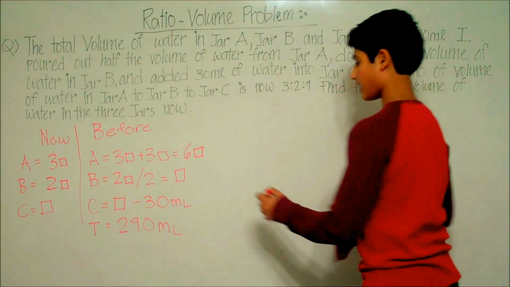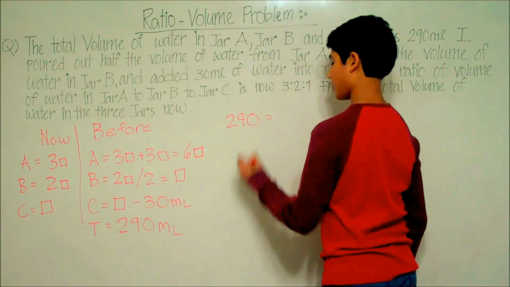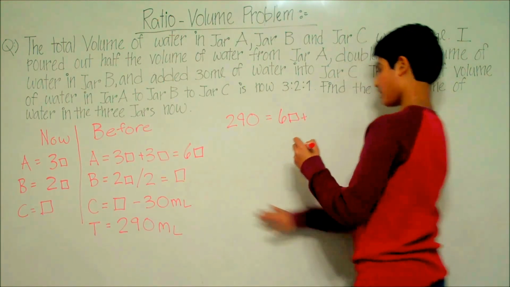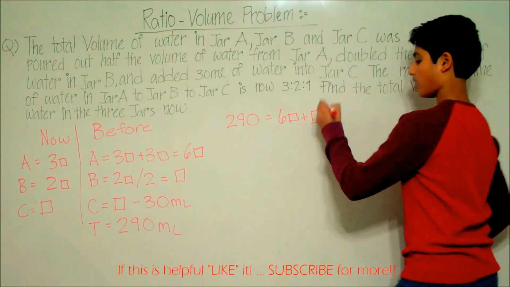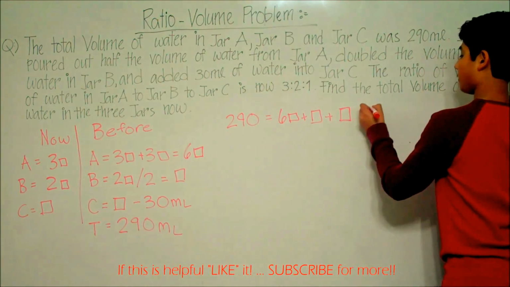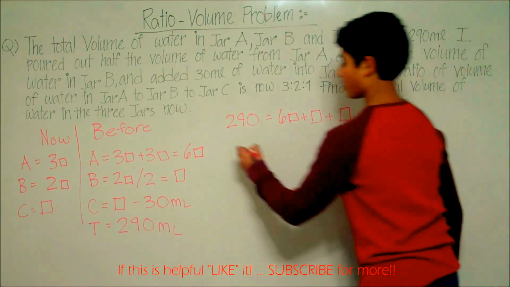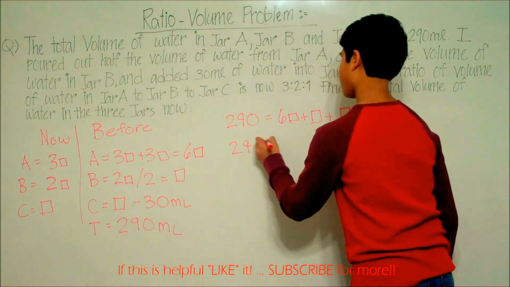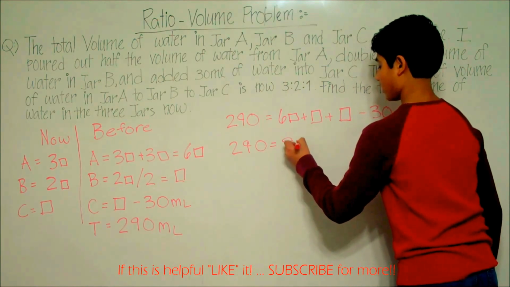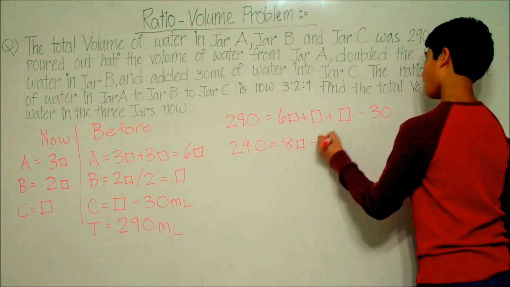So this means that 290 milliliters is equal to 6 units plus 1 unit plus 1 unit minus 30 milliliters plus 1 unit minus 30 milliliters. Now let's combine the like terms. So we get 290 is equal to 6 units plus 1 unit, which is equal to 8 units minus 30 milliliters.